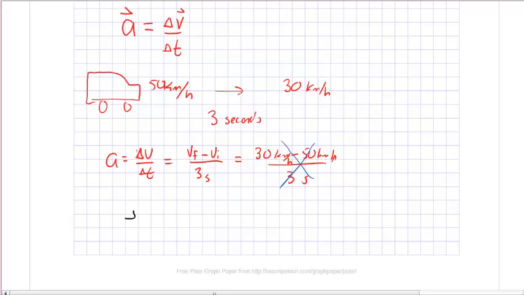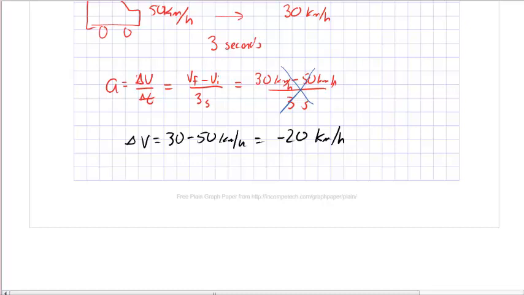The first step is to take my change in velocity, which is 30 minus 50 kilometers an hour, so that gives me negative 20 kilometers an hour. And next I want to convert that into meters per second.